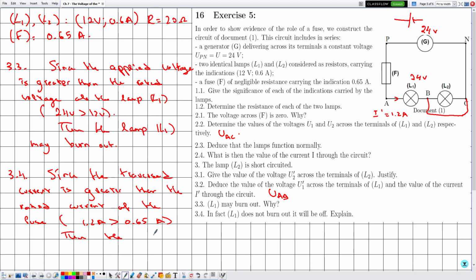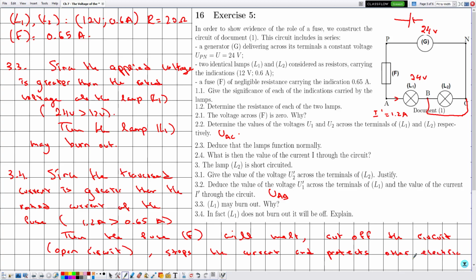Then the fuse will melt and cut off the circuit, which means it will be an open circuit, and it stops the current and protects other electric components.